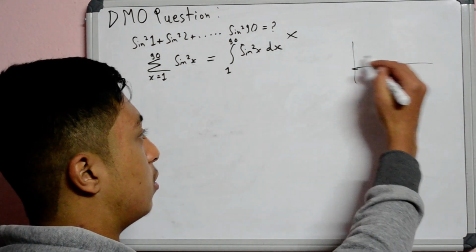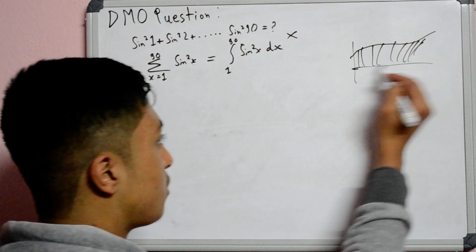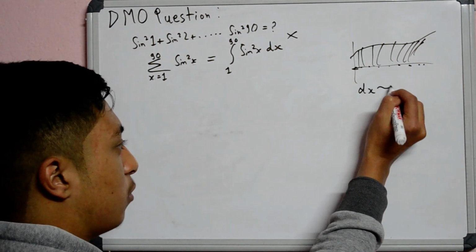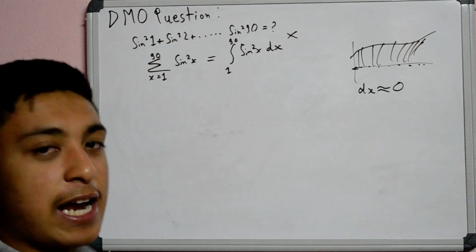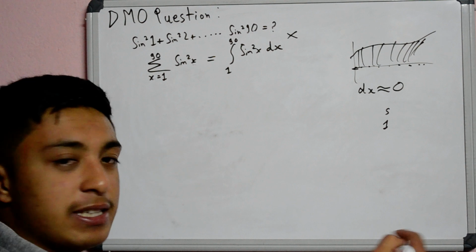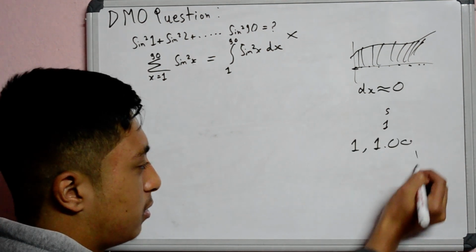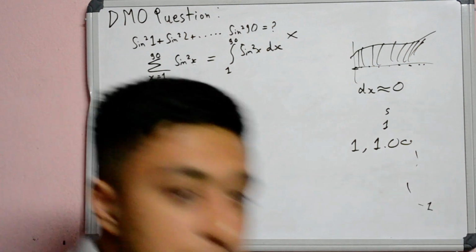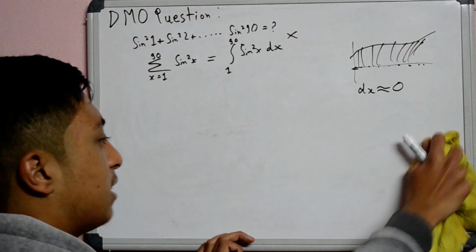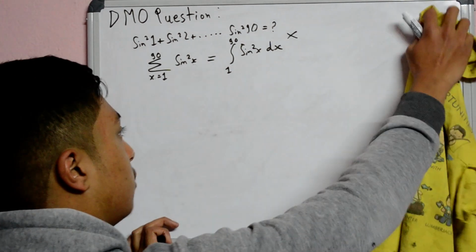Because integration is the area under the curve and it includes all of these points right here, and dx is very close to 0, that means when you step up the dx, let's say going from 1 to 5, it will go from 1, then 1.0001, like that, all the way to 5. So in that way, it is virtually continuous. That is what integration works with.